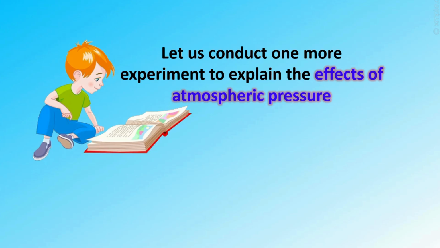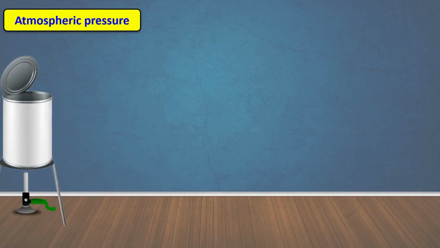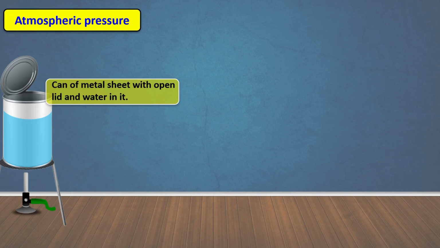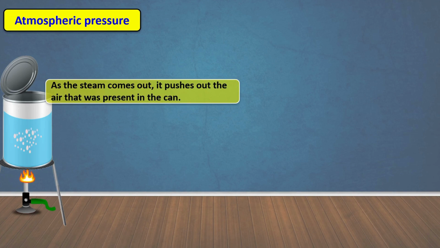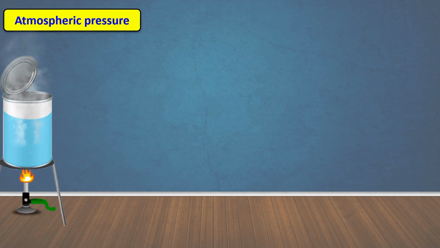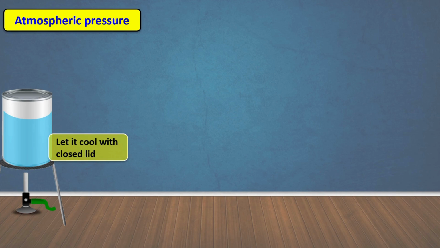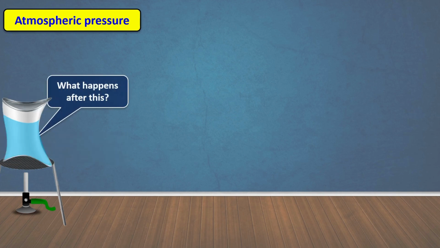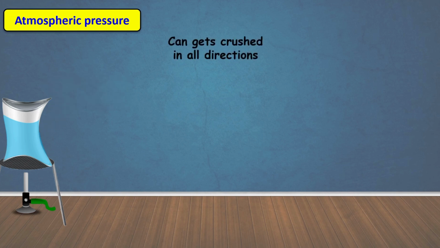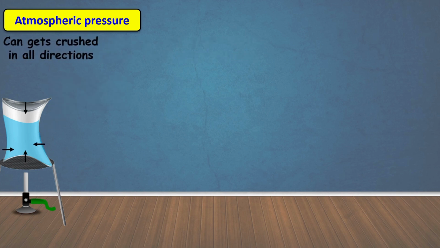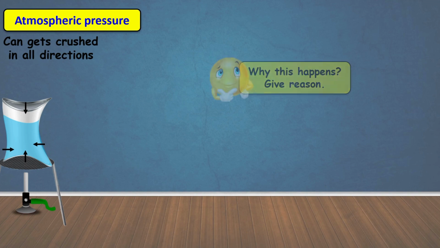Let us conduct one more experiment to explain the effects of atmospheric pressure. A can of metal sheet with an open lid and water in it. As the steam comes out, it pushes out the air that was present in the can. Let it cool with the lid closed. What happens after this? The can gets crushed in all directions.